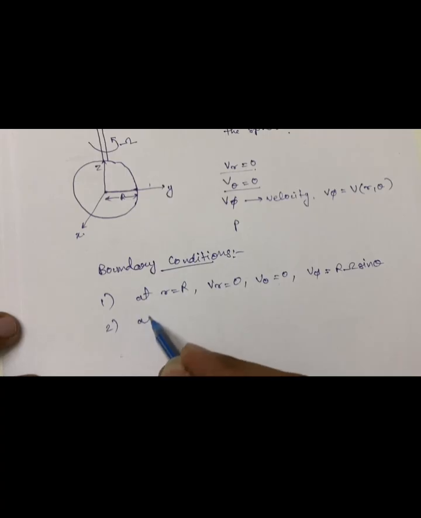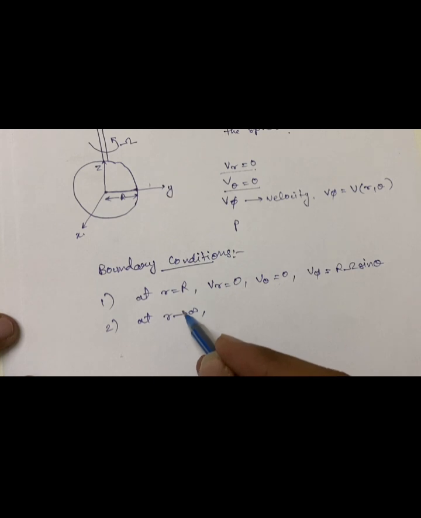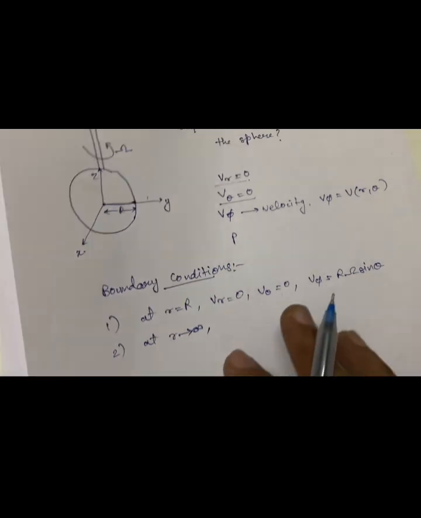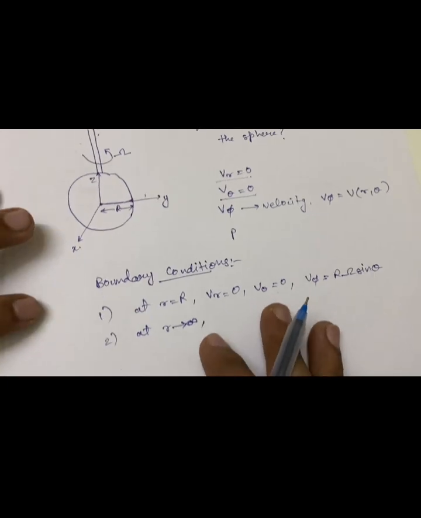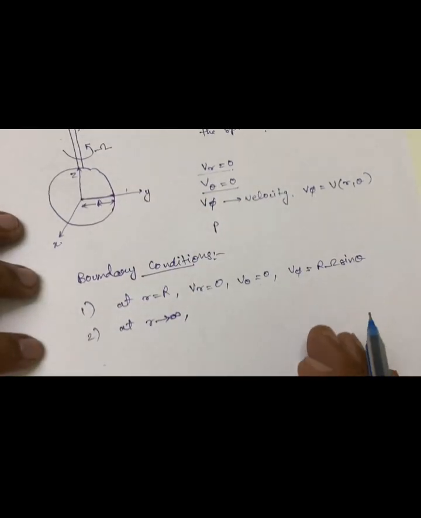Our second boundary condition is at r tending to infinity. As I explained before, if our sphere is rotating at one corner of a swimming pool, r tending to infinity does not mean exactly infinity. It means the other corner of the swimming pool, so the length is very much larger compared to r.